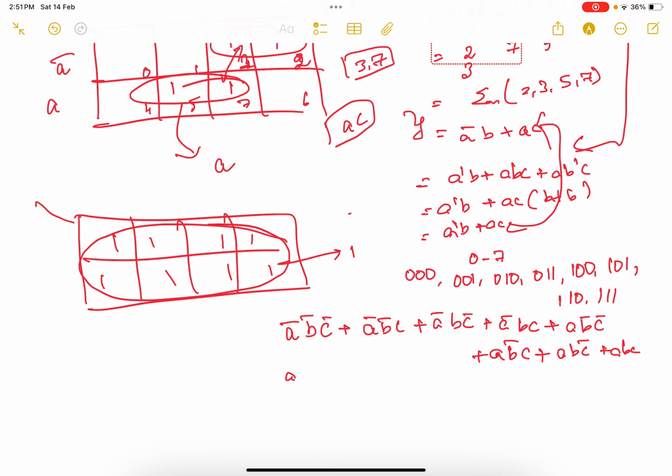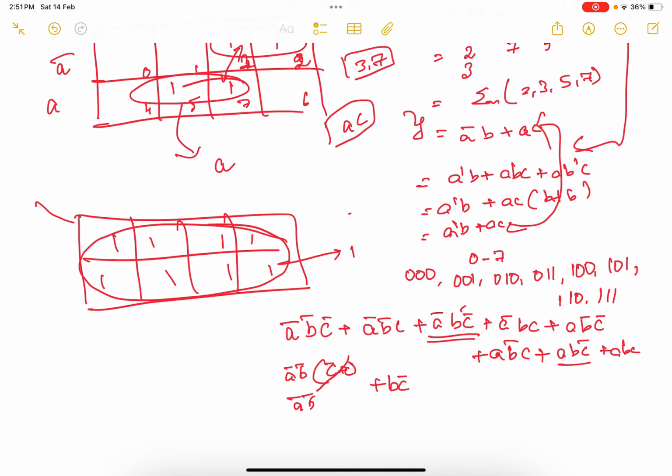In the first two terms, if you take common, I will get C bar plus C, which is nothing but 1. So A bar B bar I will get. In the next terms, B C bar is common, so B C bar will be another term.